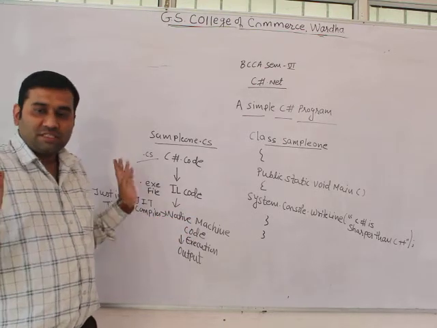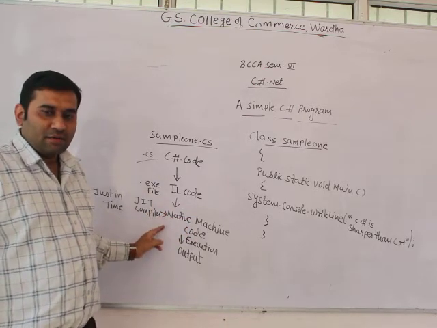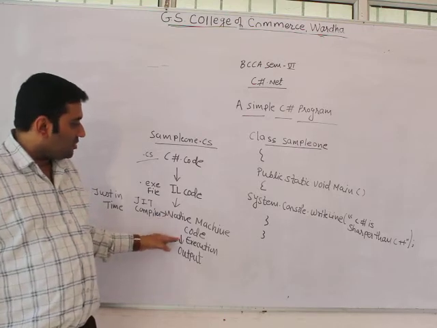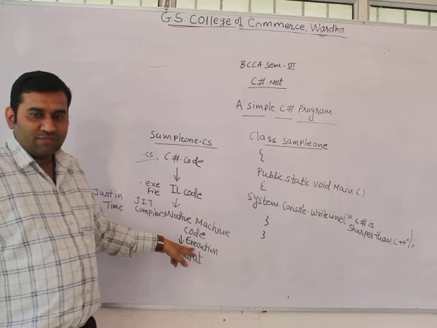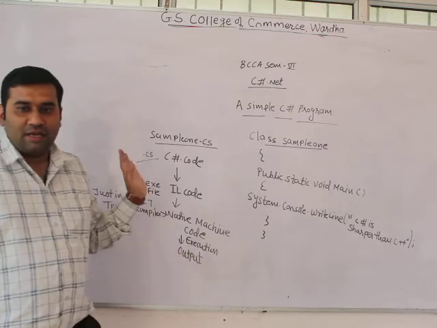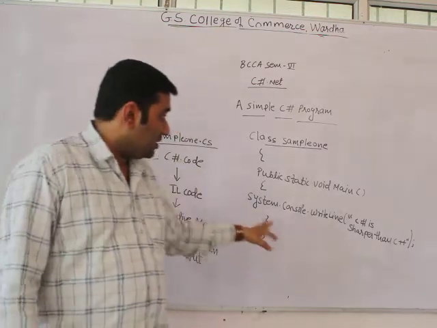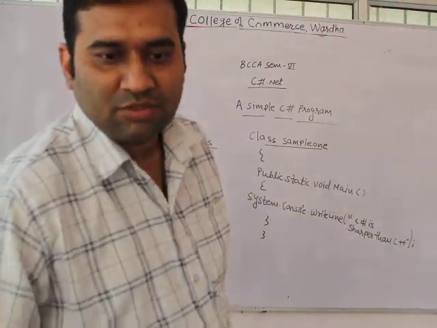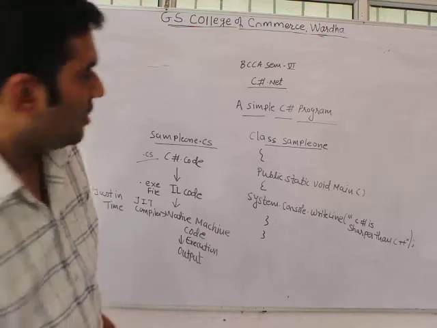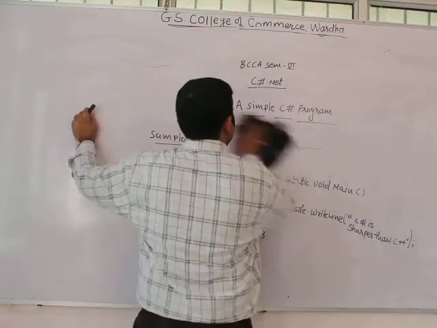JIT means just-in-time. Then execution is performed and the output is obtained. The output is: C# is sharper than C++.